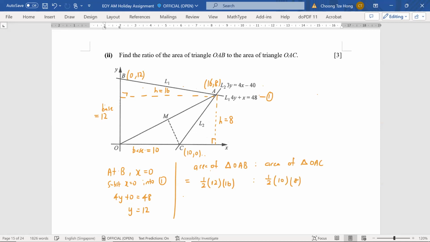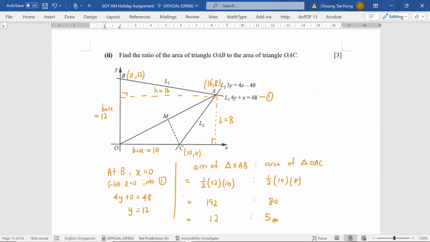So from here you get 192 is to 80, and then you will be able to get the answer 12 is to 5. So no need to use the bootlace method for this question. If you're able to use half times base times height, then go for it.